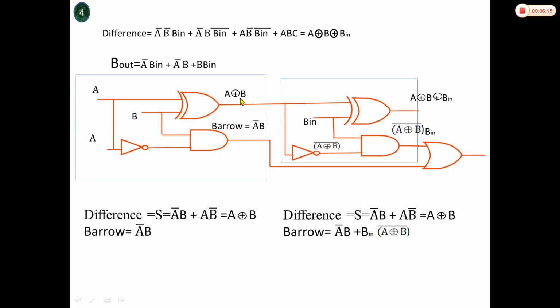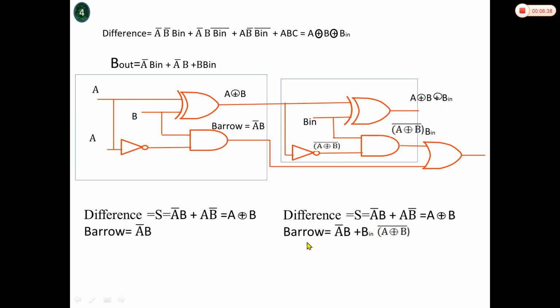So this A exclusive OR B output of the first half subtractor is connected to one of the inputs of this exclusive OR gate. Another input is B in. Then we get the output of the second exclusive OR gate as A exclusive OR B exclusive OR B in.